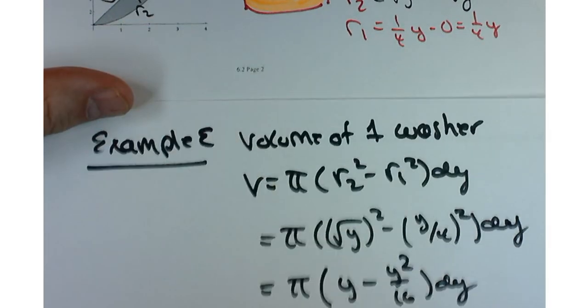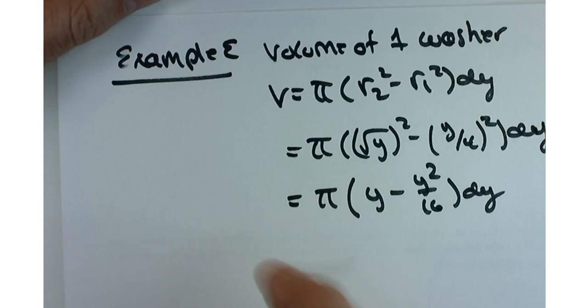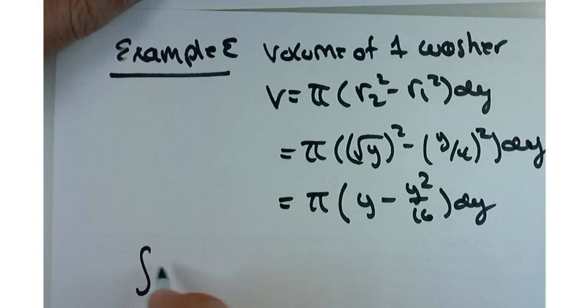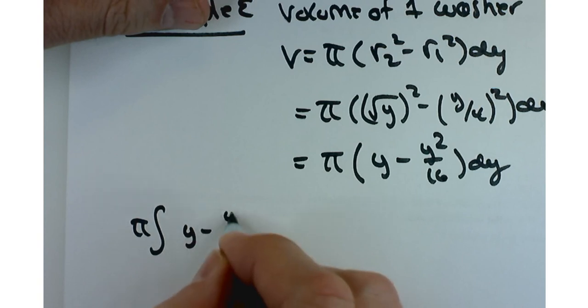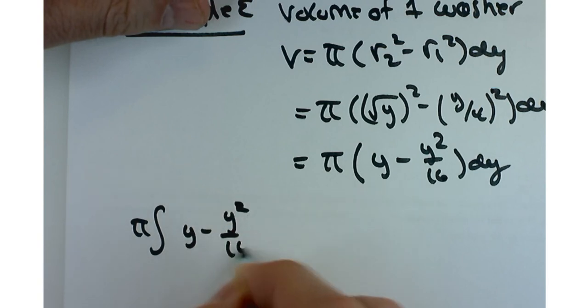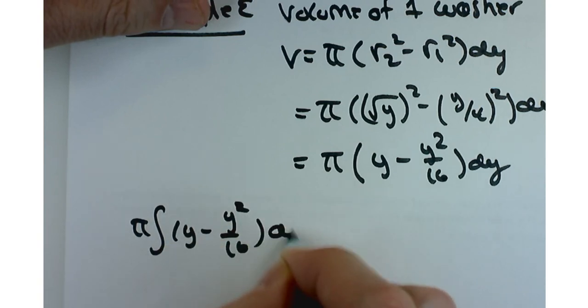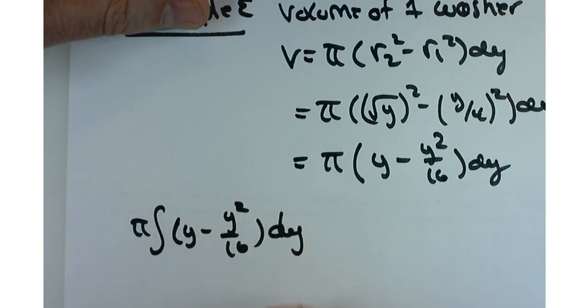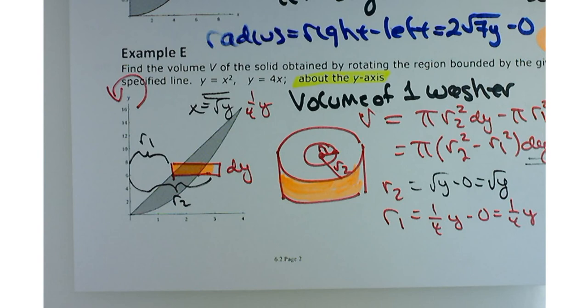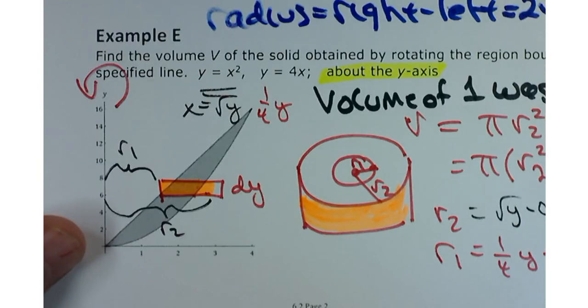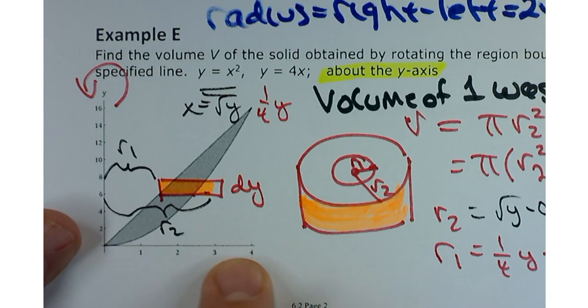What are our limits of integration going to be? This is going to be our integrand. I'll take the pi out front. Y minus y squared over 16 dy. Well, what should be our limits of integration? 0 to 4 would be in terms of the x-axis, but we took a dy slice.